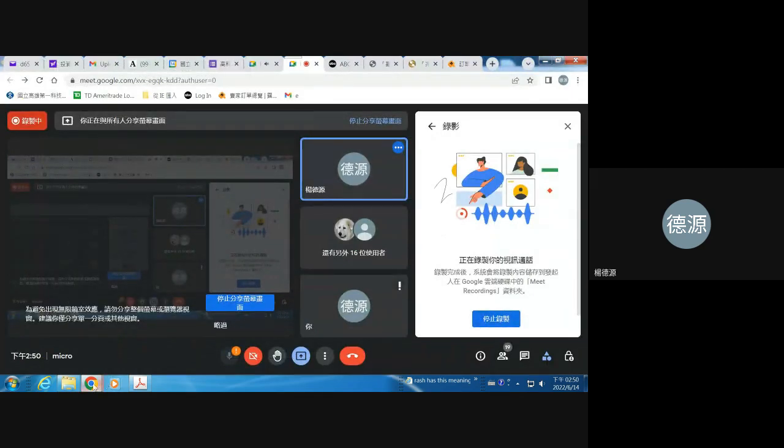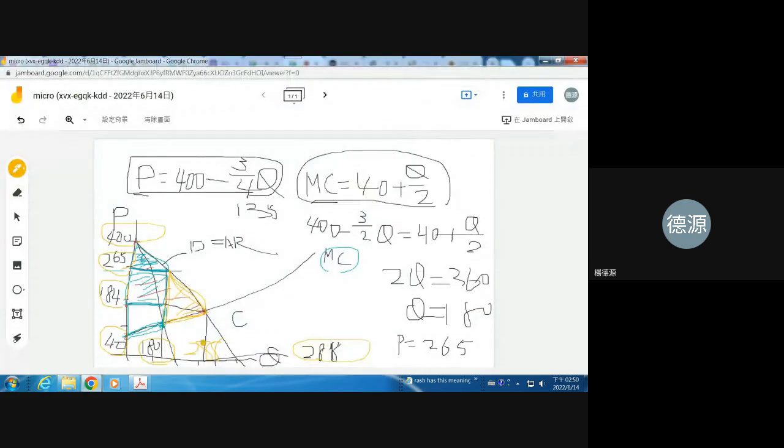Good. So if you have all the prices and quantities, you should be able to get the deadweight loss, the consumer surplus under perfect competition and monopoly, and the producer surplus under perfect competition and monopoly.